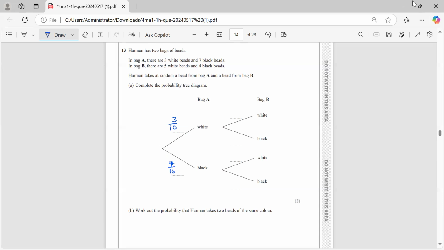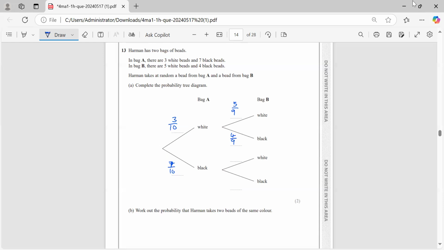And then in bag B, there are 5 white beads and 4 black beads. That means we have 9 beads in bag B. And out of those 9 beads, 5 of them are white. So in bag B, you have 5 over 9 white beads and 4 over 9 black beads.